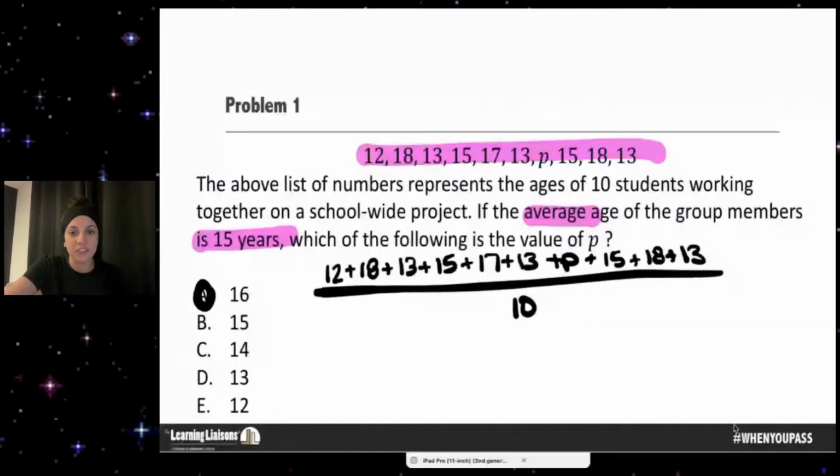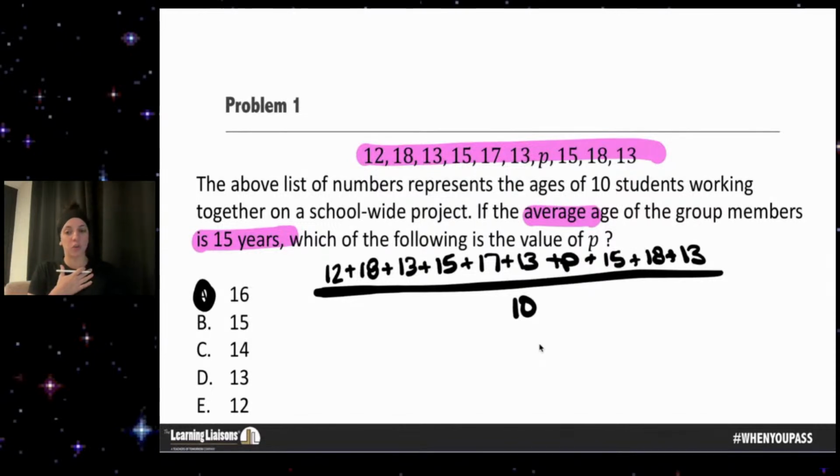So now what I can do is I can plug in an answer choice into my equation that I just solved and see if the average equals 15, right? So I need the average to equal 15. Let's go ahead and see if we can make that happen.